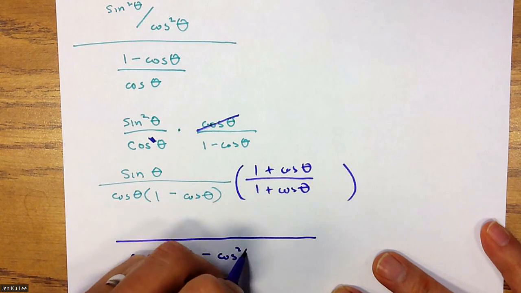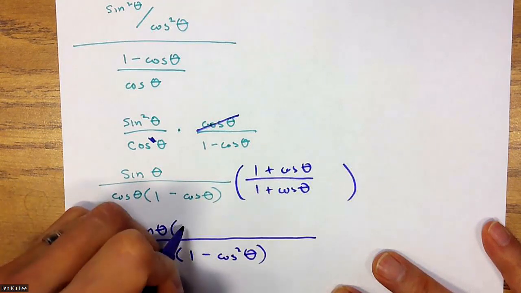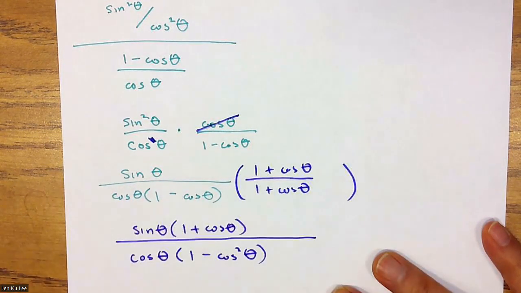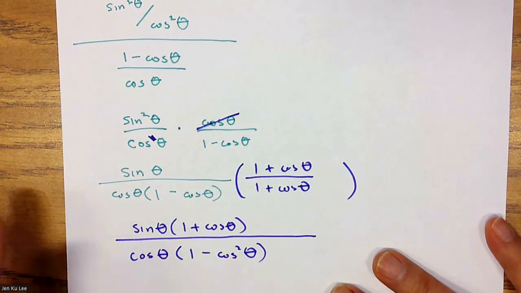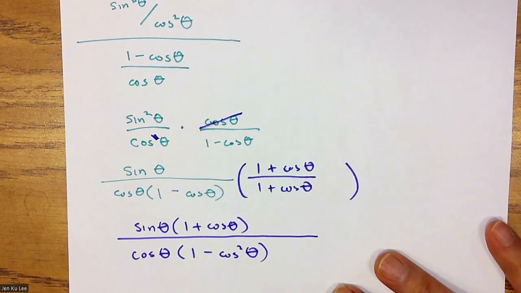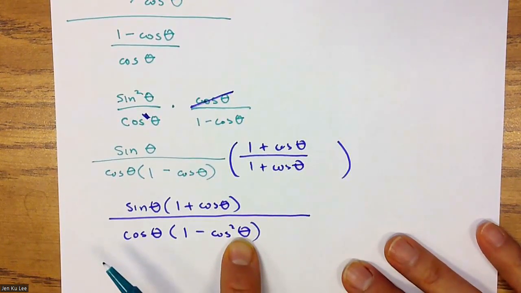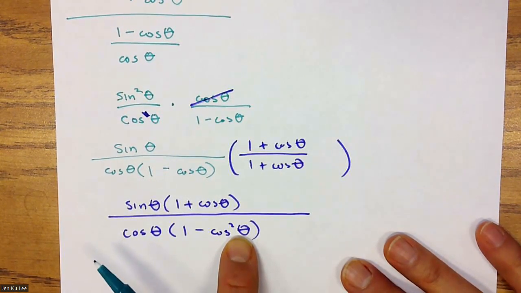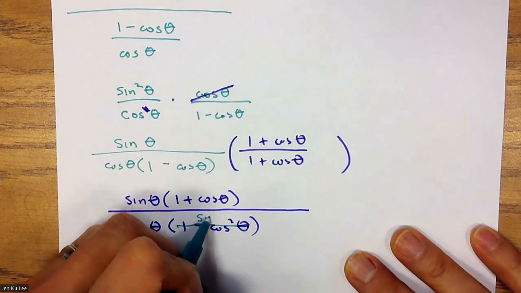1 minus cosine squared theta then, correct? And this one would be sine theta times 1 plus cosine theta. So I got my 1 plus cosine theta. I'm not going to touch it. Okay? I got it. We're closer. Now I just need a cosine theta on the bottom. Okay, but what is 1 minus cosine squared? Yes, it is sine squared. So I can turn this into sine squared theta.